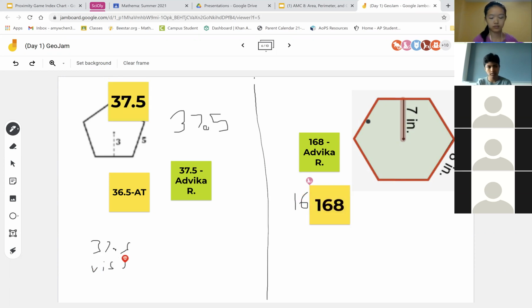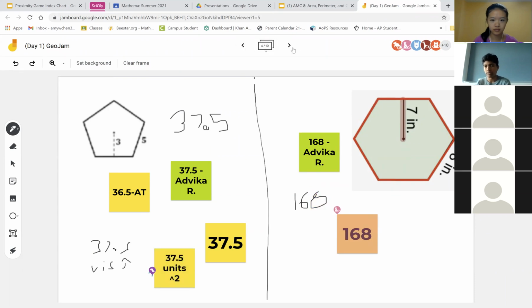It was 1/2 times apothem times perimeter.